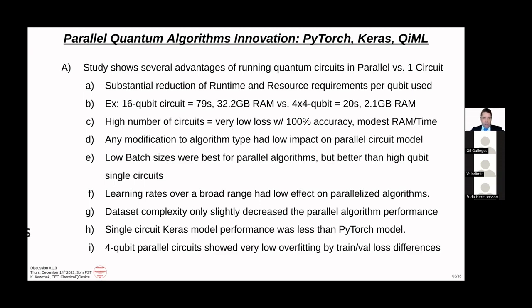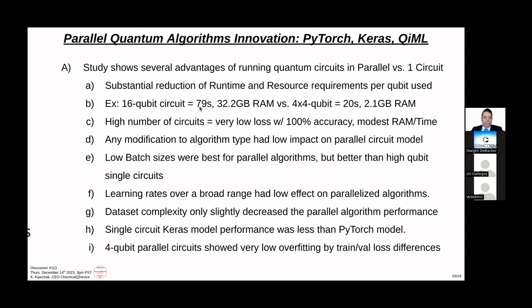The study I'll show you here shows several advantages of running quantum circuits in parallel versus a single circuit, and, in specific, a substantial reduction of runtime and resource requirements per qubit. If I take a 16-qubit circuit versus 4-qubit circuits, I'm getting similar accuracies, but significantly less RAM and significantly less runtime.